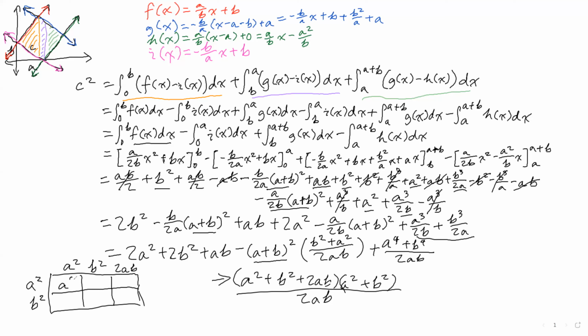That'd be a to the fourth, a squared b squared, 2a cubed b, a squared b squared, b to the fourth, and 2ab cubed. And then all of that over 2ab.